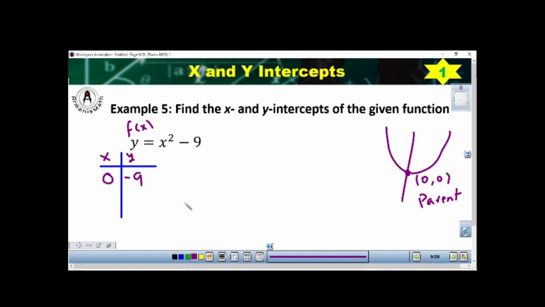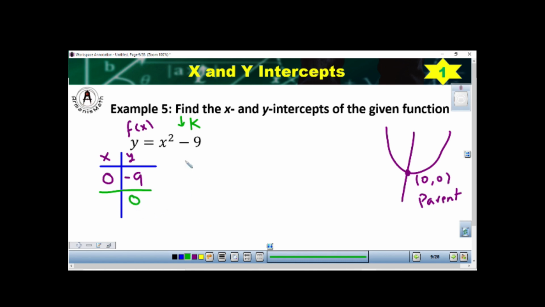This is called the k term, which is the vertical translation or vertical shift. And it does happen to be negative, so again, you're just going down. Could it be positive? Yeah, it could be positive. In this case, it's negative.